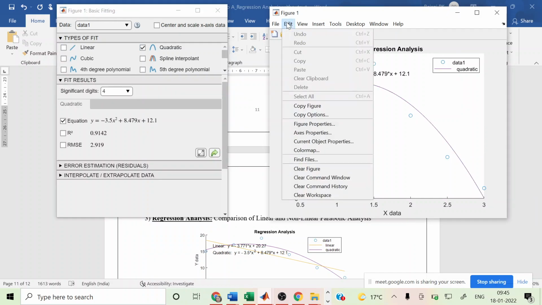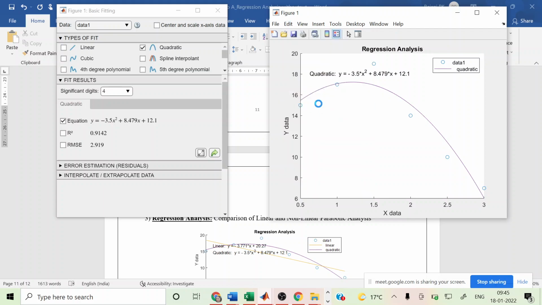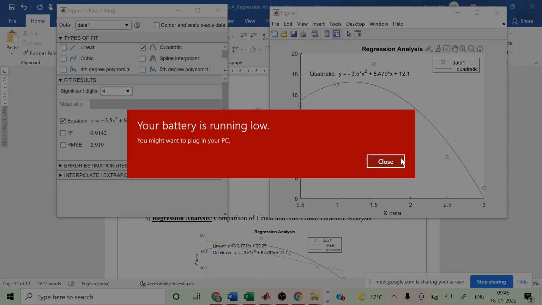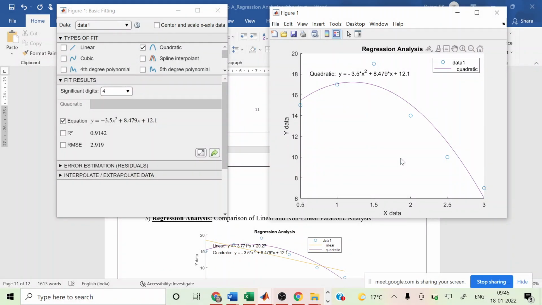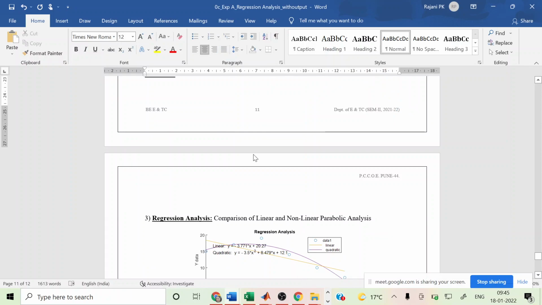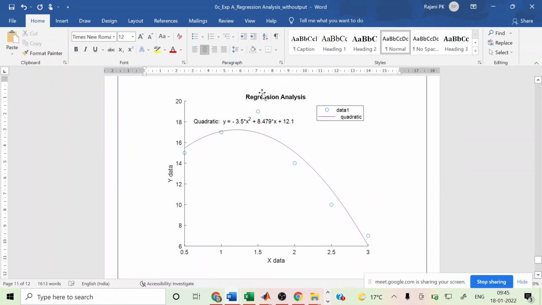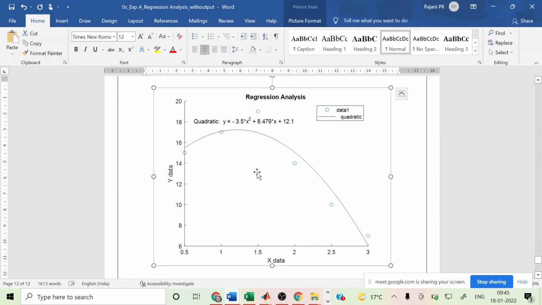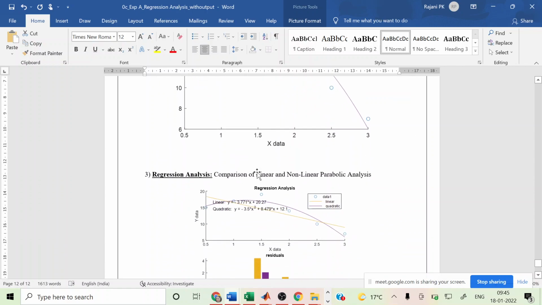Now the same way, edit, copy figure, and you can paste it in the Word document. So you have seen this. This is the regression analysis for quadratic.